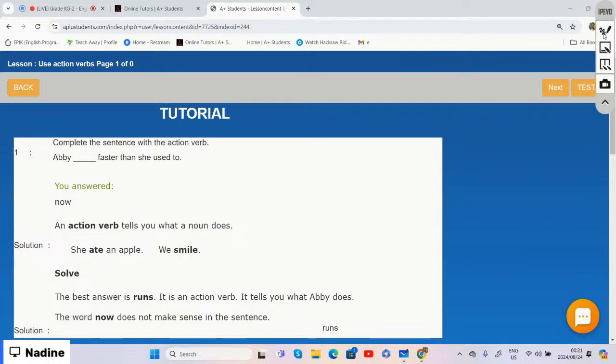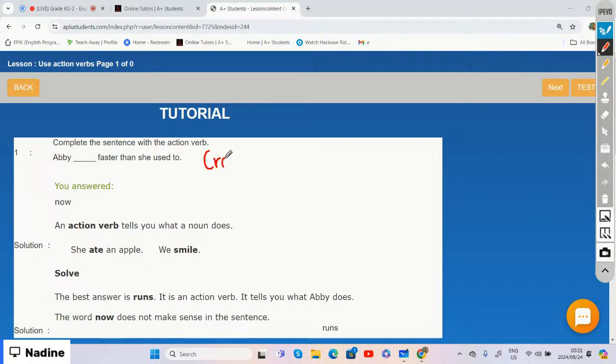So if we look at that sentence, our sentence says, Abby, do we say Abby run faster than she used to? Or do we say Abby runs faster than she used to? We need to choose the correct action verb.